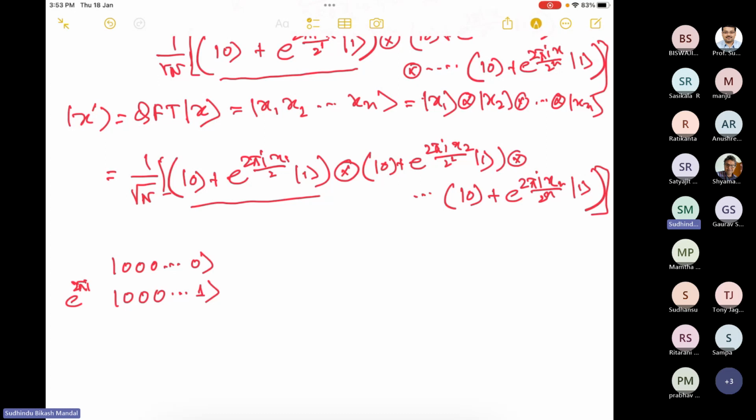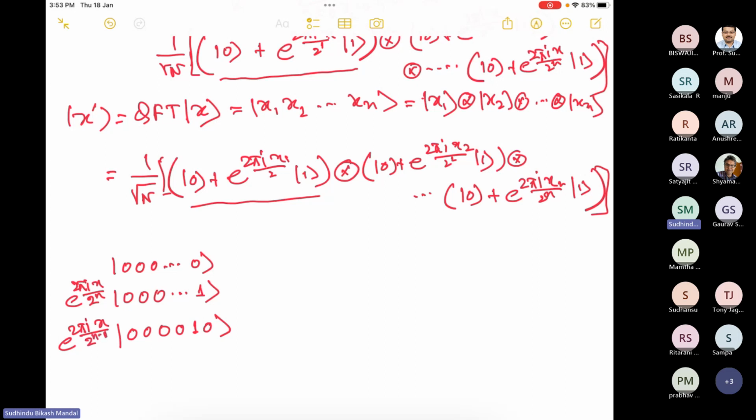I'm writing x1, not x1 x2. I'm writing directly x 2 to the power n. If I shift it, with one zero term, you will get 2 pi x to n minus 1 terms.